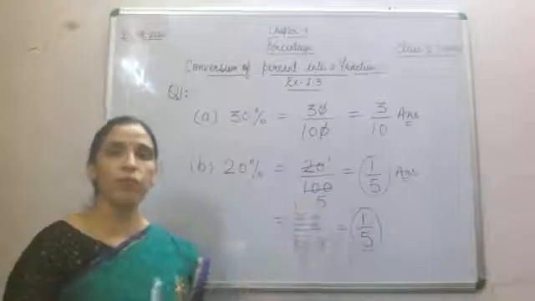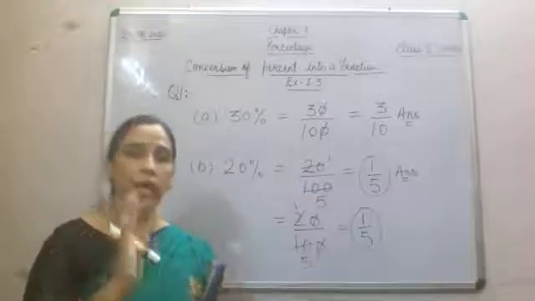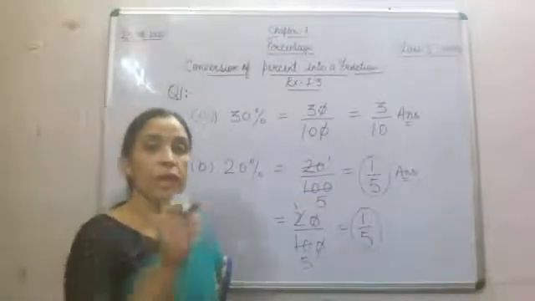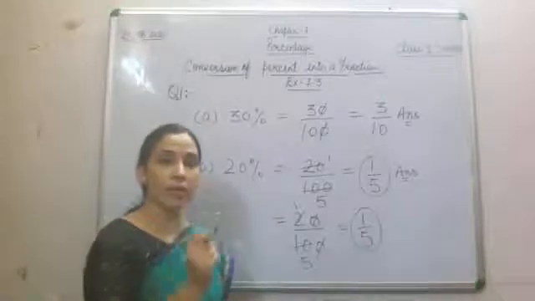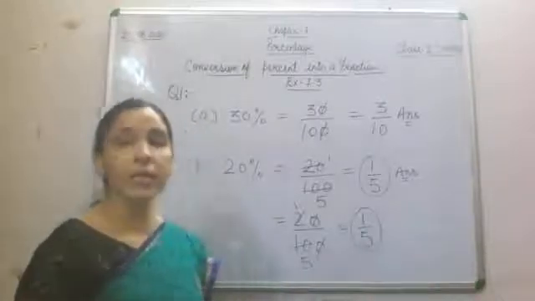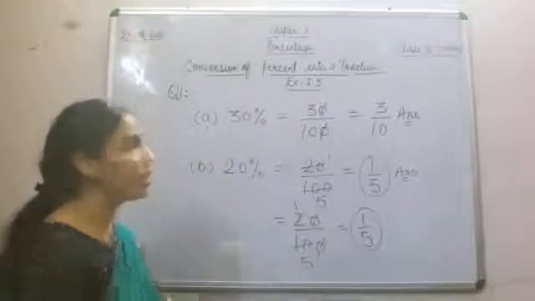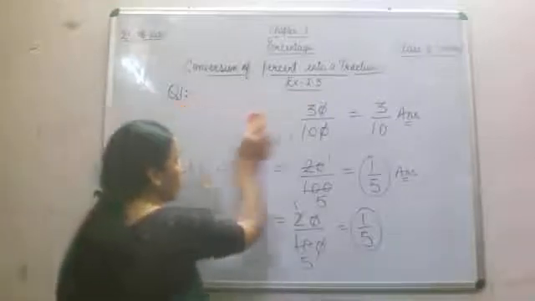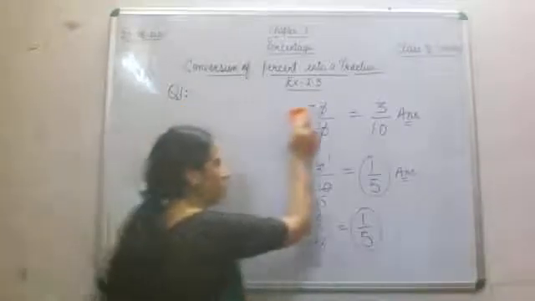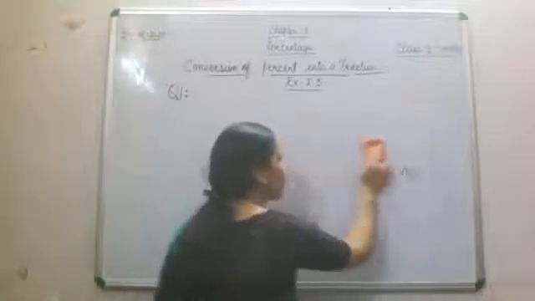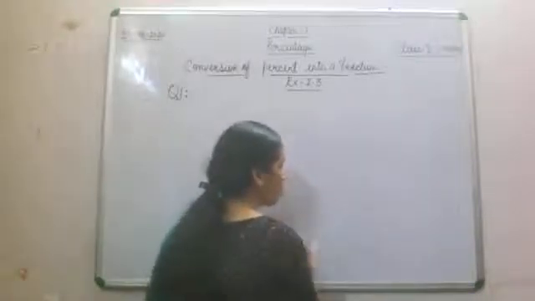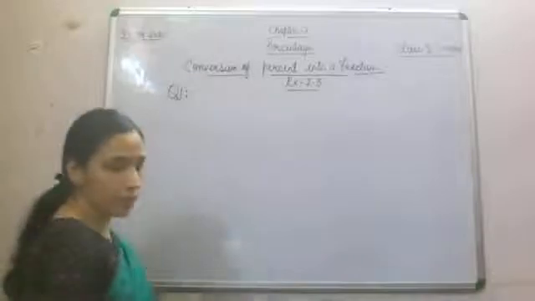If you can cancel a 0, then you will do that also. If you can cancel with a common table, you will do it. But it is a necessary part of this question. Whenever you are changing any percentage into fraction, that must be changed into its lowest term.